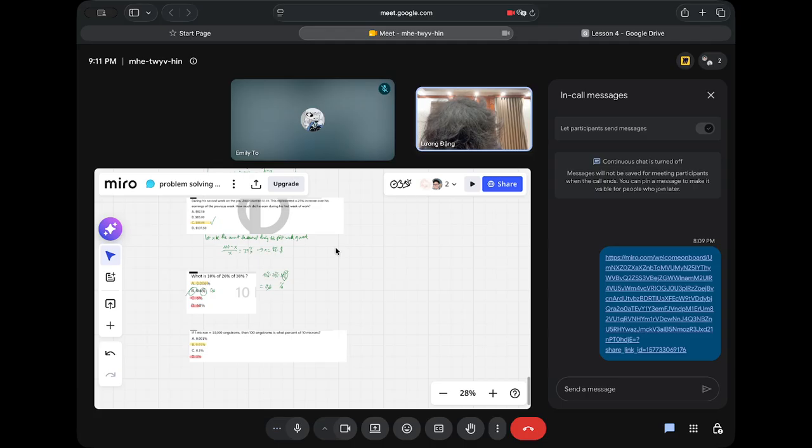If 1 micron equals 10,000 angstroms, it's literally like this: 1 micron equals 10,000 angstroms.